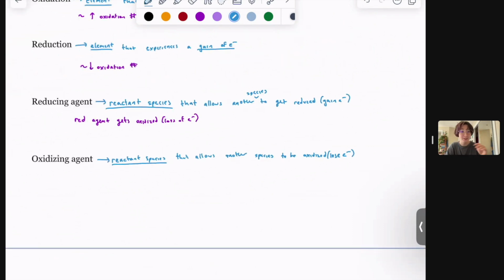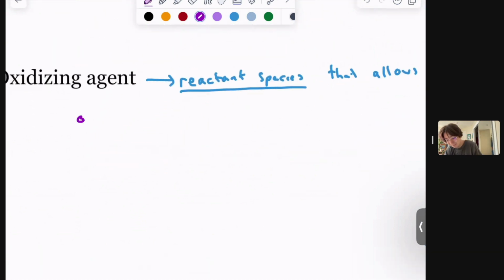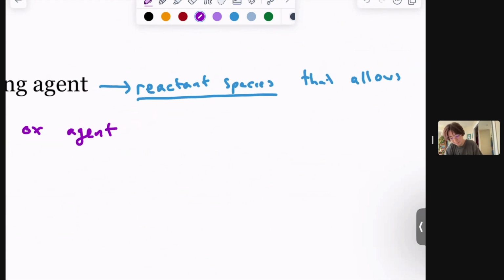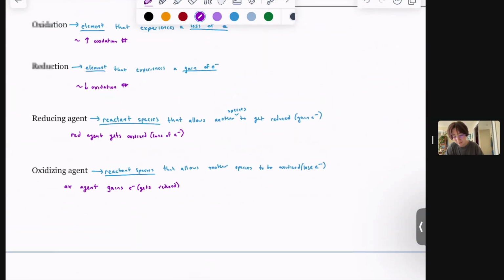So it helps something lose electrons by being the one who gains electrons. I hate it too. It's fine.